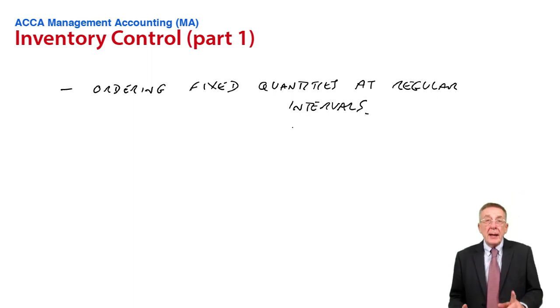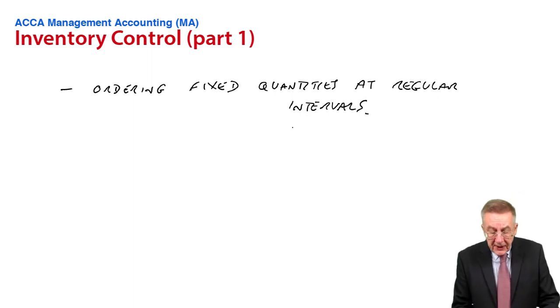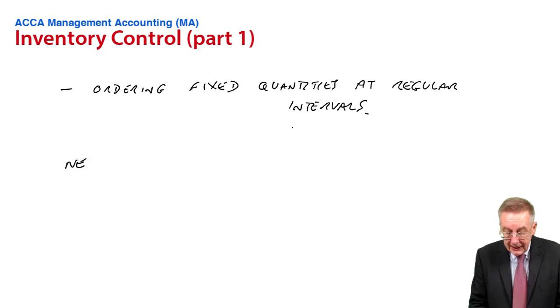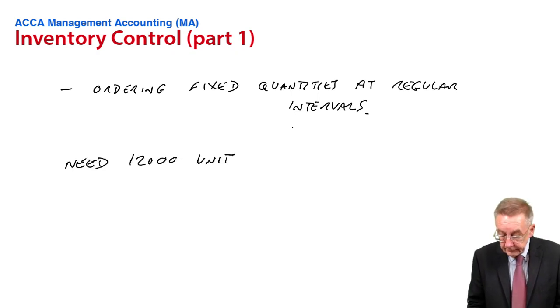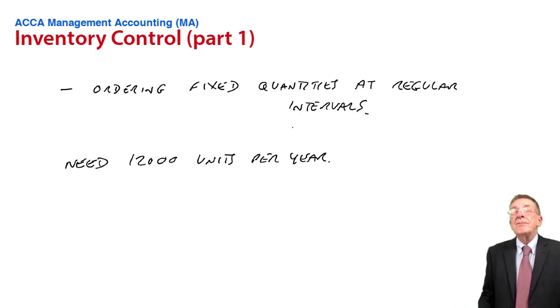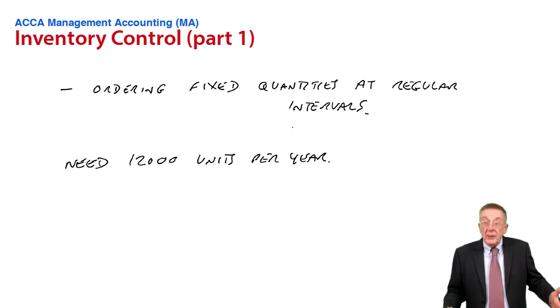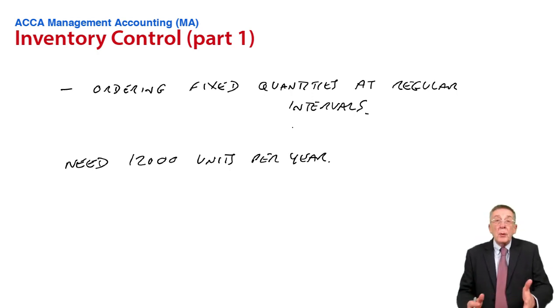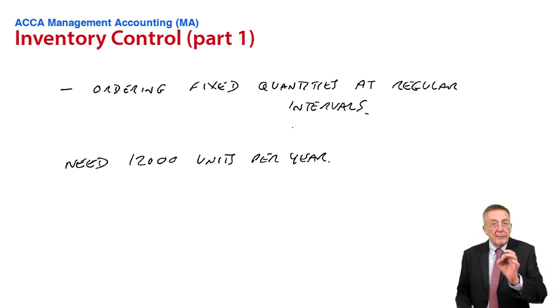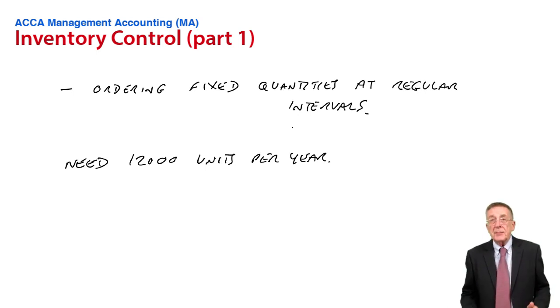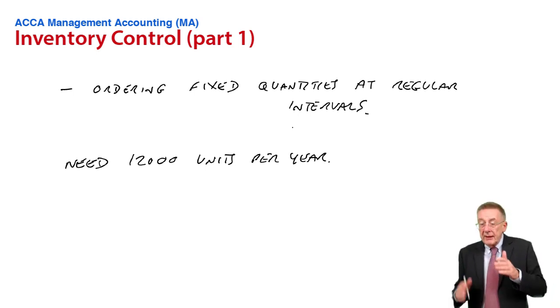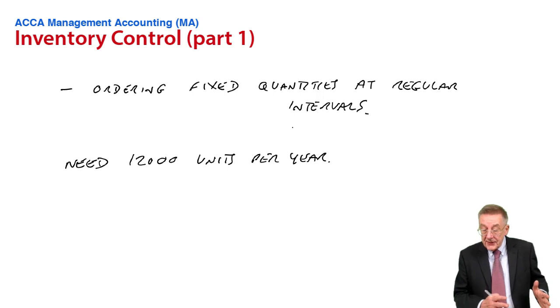Now let me explain quickly what I mean by that. Suppose I tell you that we need 12,000 units a year. That's how many we need. And how are we going to order them? Well, we assume, for this chapter, that we are going to order fixed batch quantities.